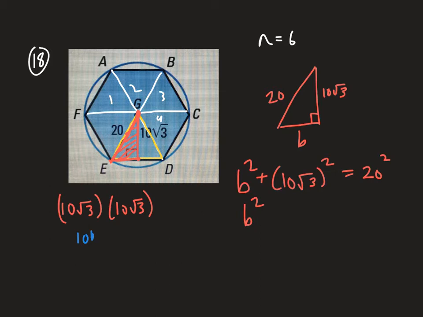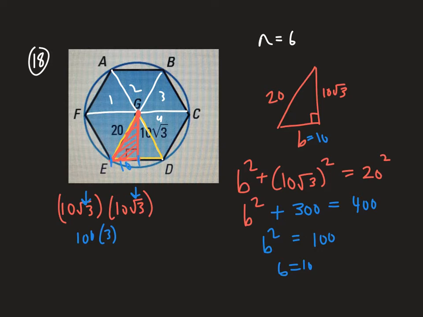Root 3 times root 3 is root 9, which is 3. So this is really going to be 300, 100 times 3. 20 squared is 400. So we can subtract 300 from both sides. b squared is going to equal 100. And that means that b down here, which is just this half of the base, must be 10.